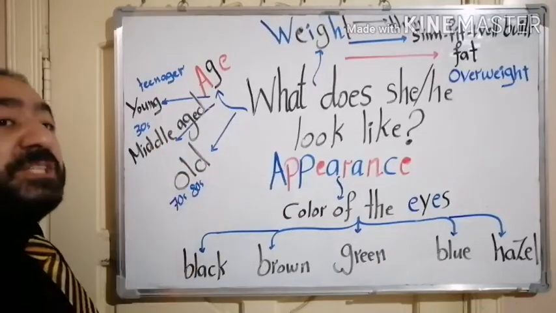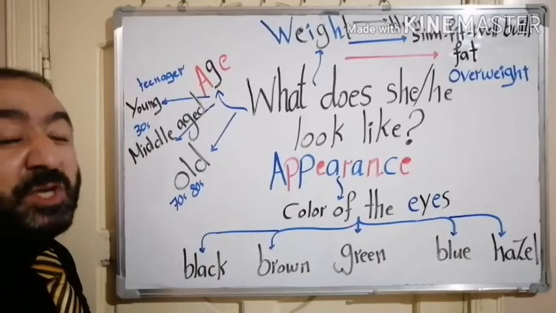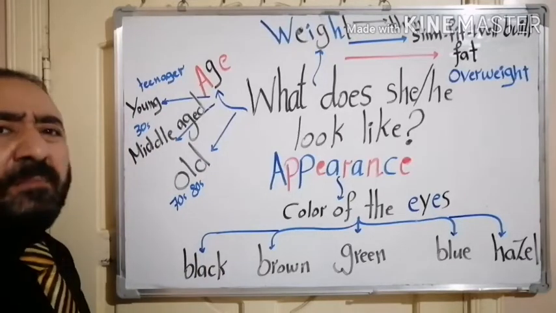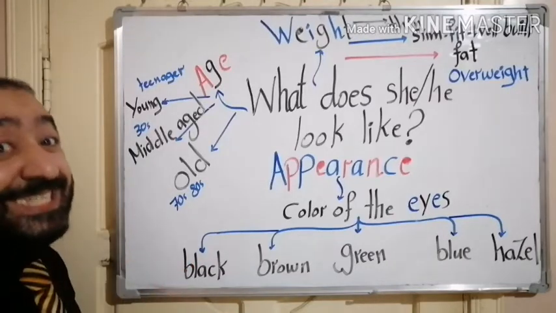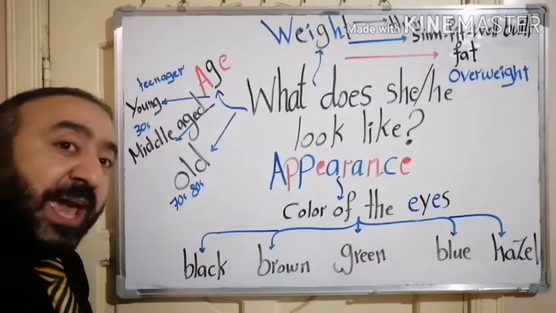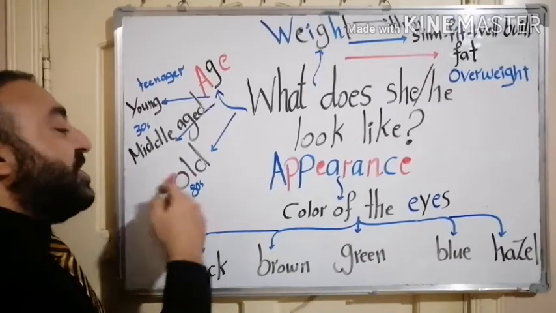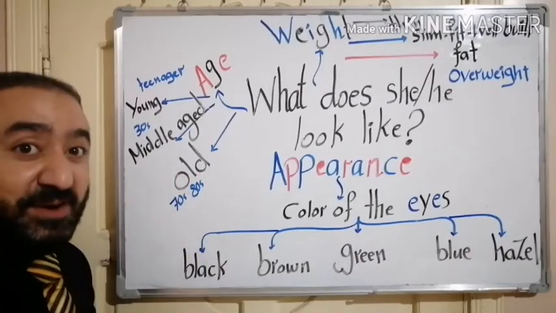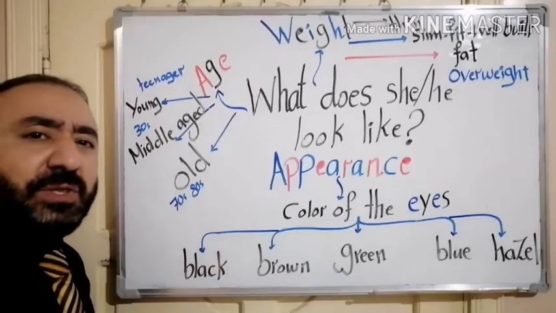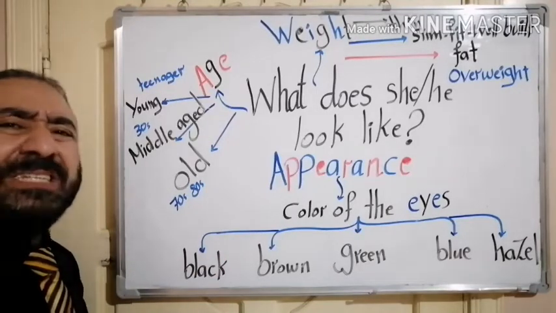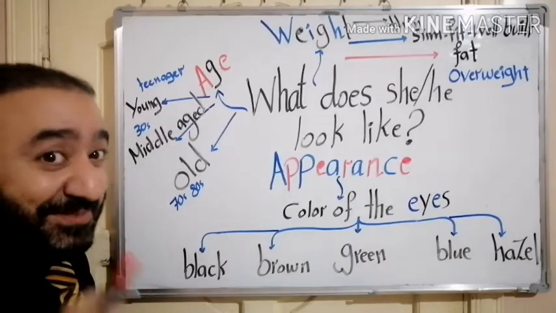Now, the last adjective, especially if you are describing someone so old, you can say that my grandparents, my grandfather, my grandmother is old. Or you can say she is in her 70s or he is in his 80s. What does your grandfather look like? He's an old man. I think that he is in his 90s, right?